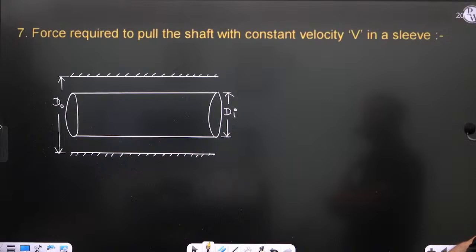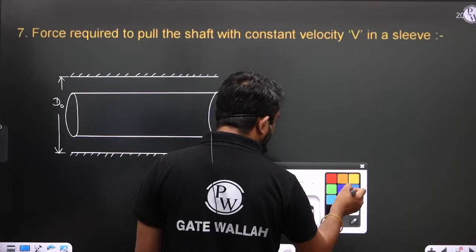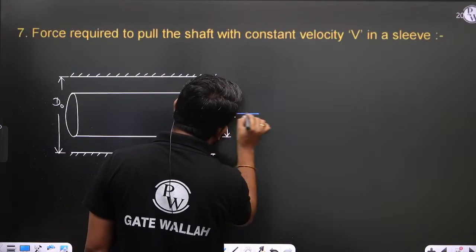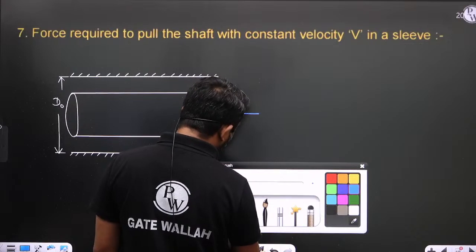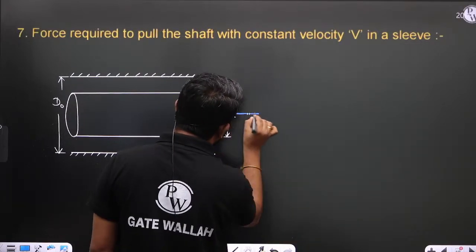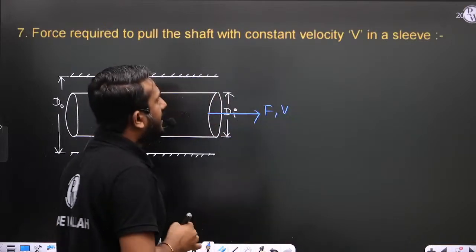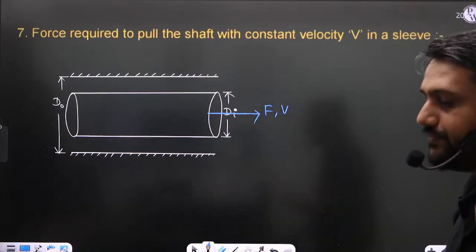What is the force required to pull the shaft with constant velocity v? So we apply a force F on this shaft, and this shaft is moving with constant velocity v.